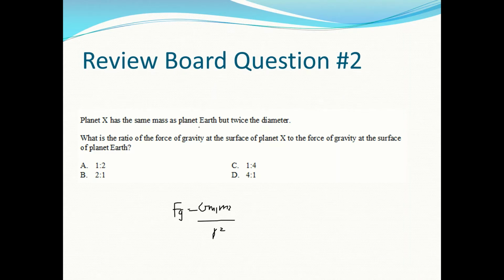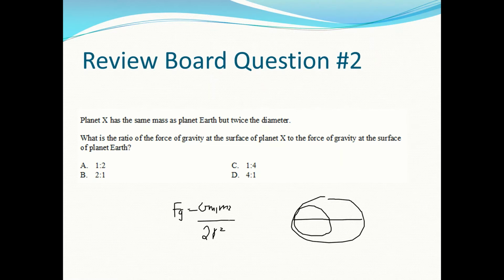Planet X has twice the diameter, right? So what it's saying is that if this is the diameter of Earth, planet X has twice the diameter. And that's going to be the same as the radius, right?